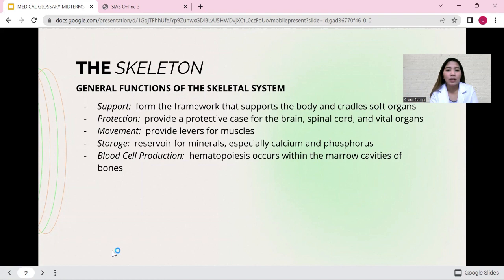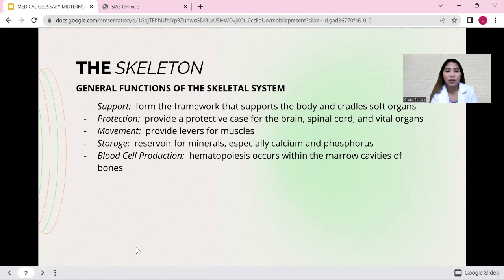Kung walang skeleton, hindi mo ma-figure yung buong katawan kung walang buto. So in short, yung skeleton yung buong buto ng katawan. So support forms the framework that supports the body and the cradles of the soft organs, and it also protects.